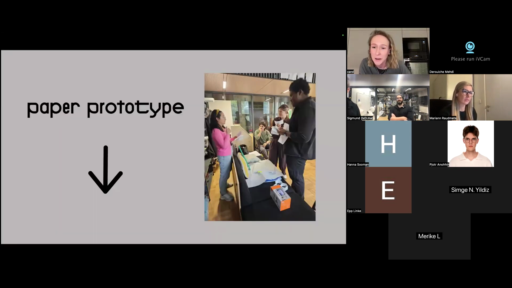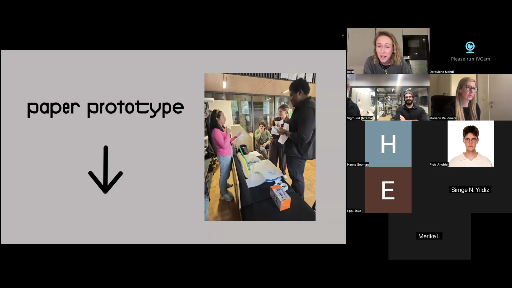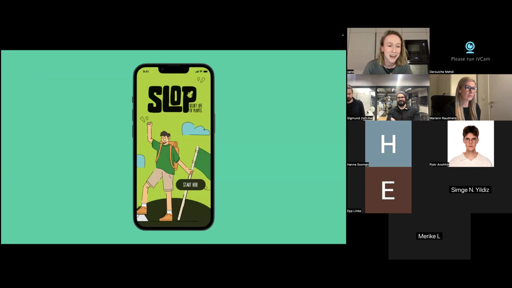So we did a paper prototype. We tested it in a classroom, like you see here, Quinn and my amazing teammates, Avi and Faruk. And after that testing, we had the framework of what we wanted to build, and we named it SLOP, so Secret Life of Plants.